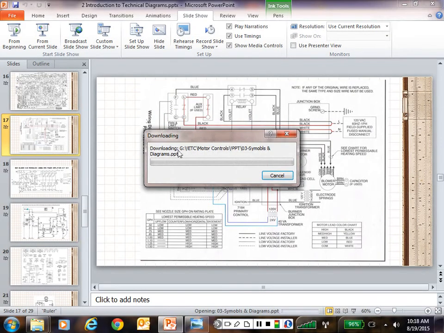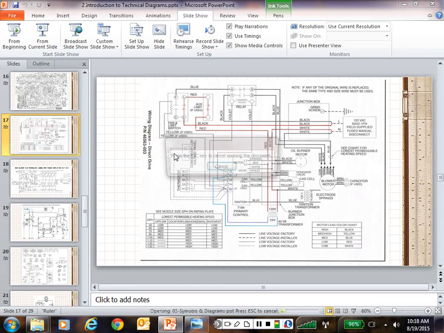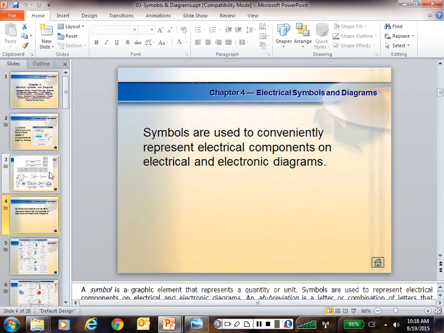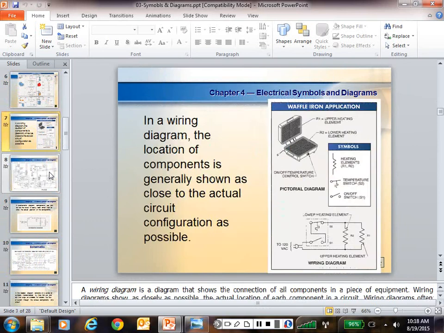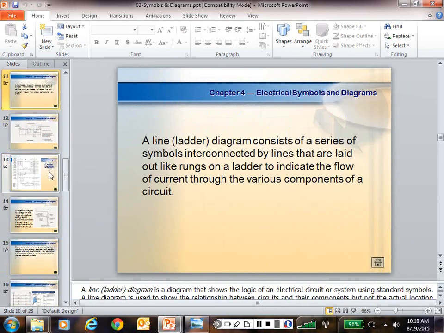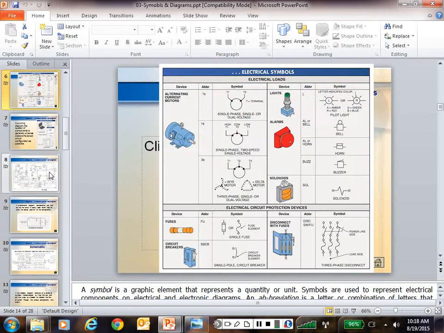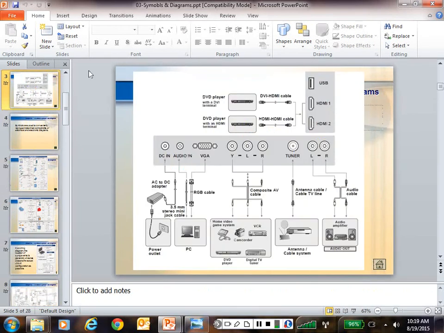So this is out of the class called Motor Controls. Maybe not, this is not the one. And this is symbols, by the way. So this is what I want to show you.